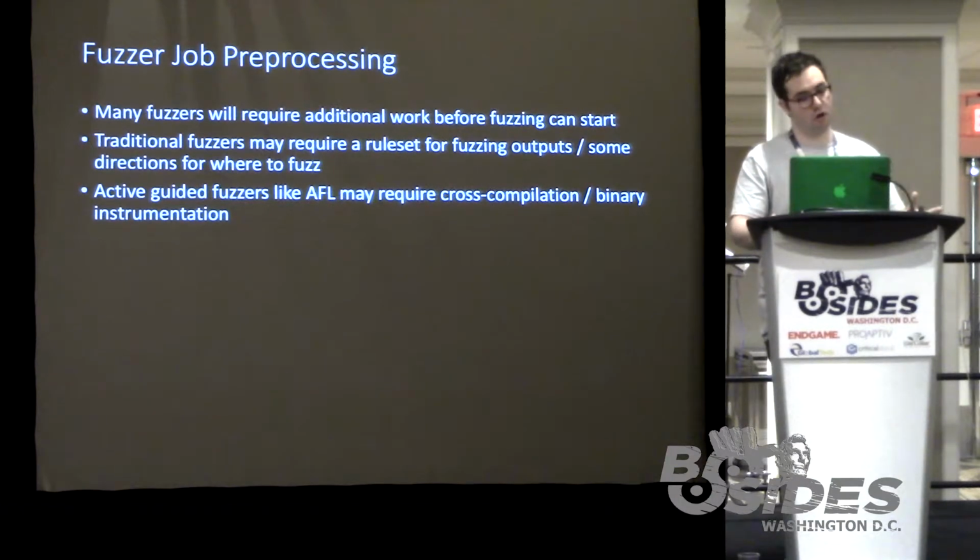So a lot of fuzzers will require some additional work before fuzzing can start. Traditional fuzzers may require a rule set for fuzzing outputs, some directions for where to fuzz. Our active guided fuzzers like AFL may require cross-compilation, binary instrumentation. So up front we have to write some scripts for this thing to kick off before it can run a job, and that's going to be part of the cost of running a job.